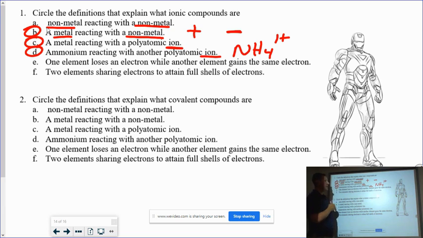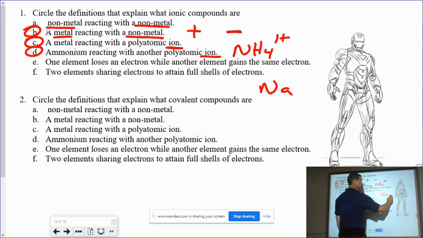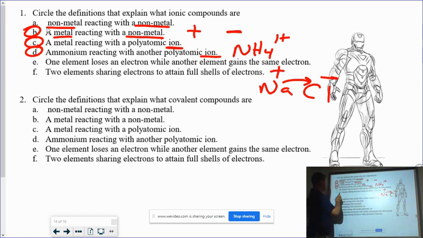One element loses an electron while another gains an electron. Well, we talked about that with sodium and chlorine. The sodium gives up an electron, becomes positively charged. The chlorine takes on an electron, becomes negatively charged. So when one element loses electrons and another gains the same electrons, that is an ionic compound.